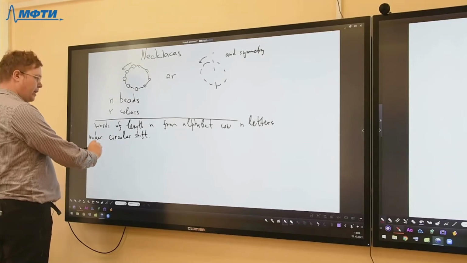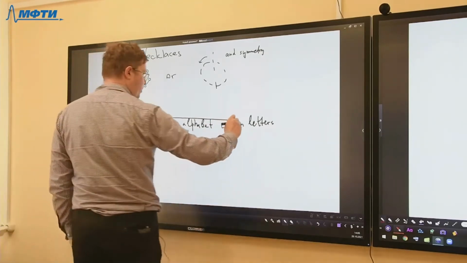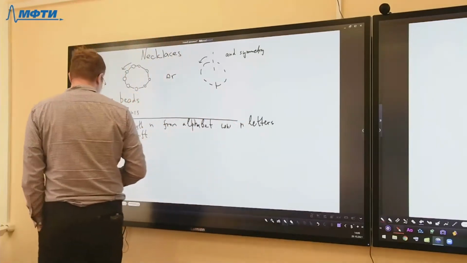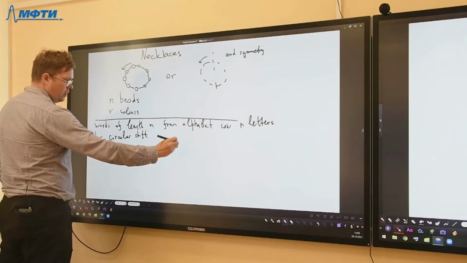For example, I have n equal 4 and r equal 2. So here are the letters, and I can write them in the form of words.